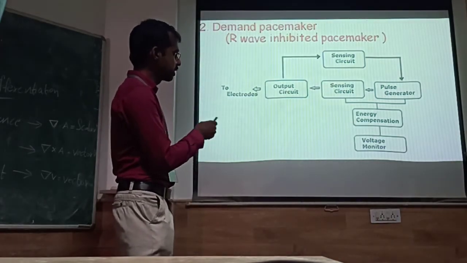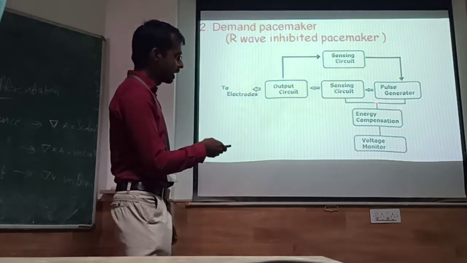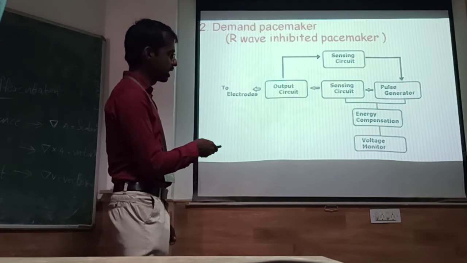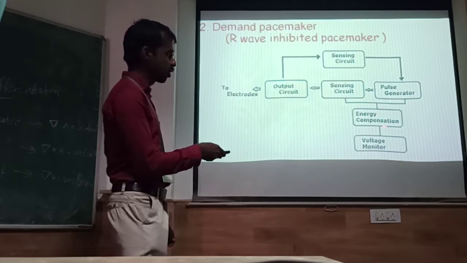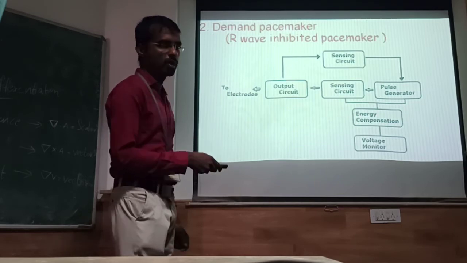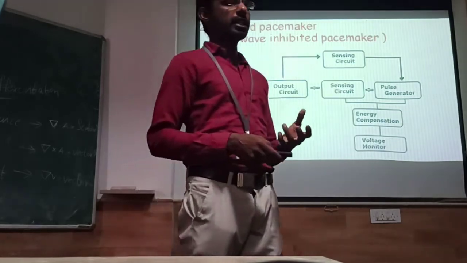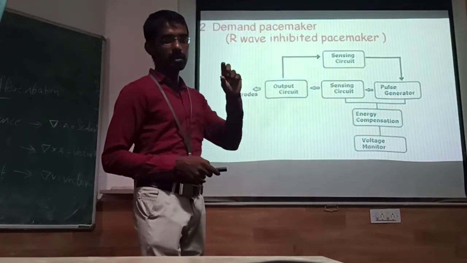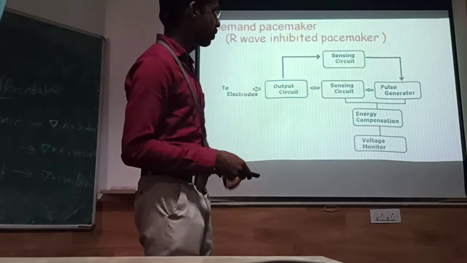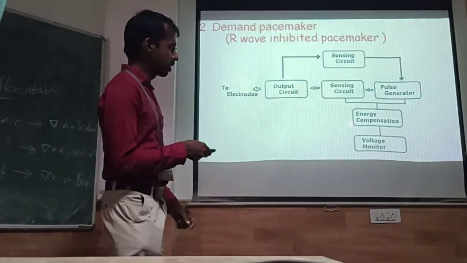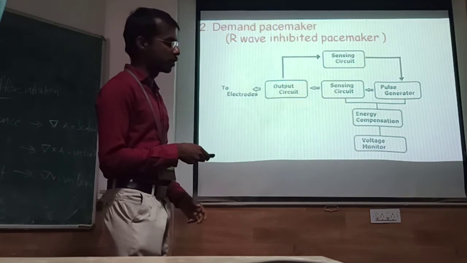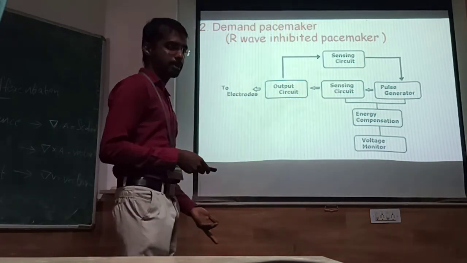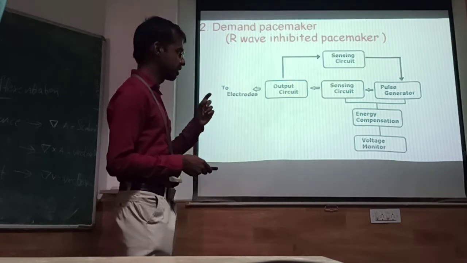This is similar to the previous one. The only difference is that here you can see two additional blocks called energy compensation and voltage monitor. The voltage monitor circuit keeps monitoring the voltage level of the battery. For example, in our mobile phones, whenever we run below 15%, it goes to standby or power conservation mode, right?